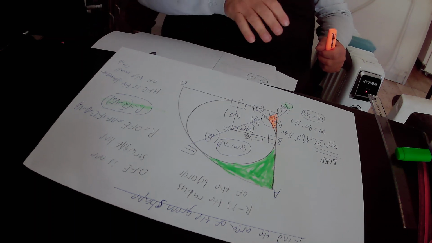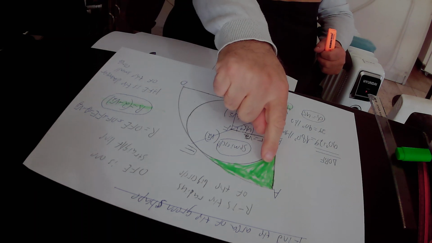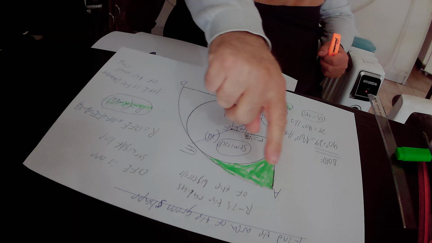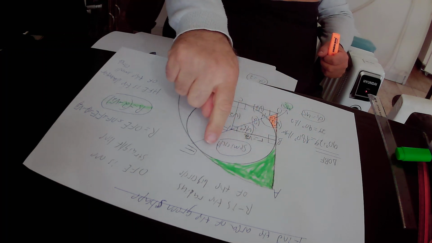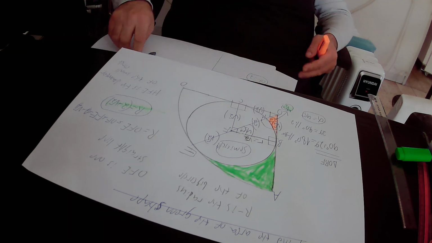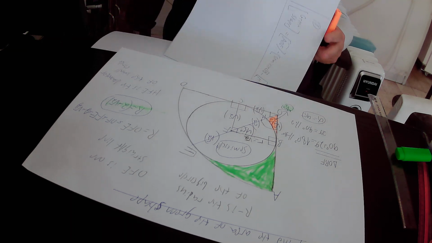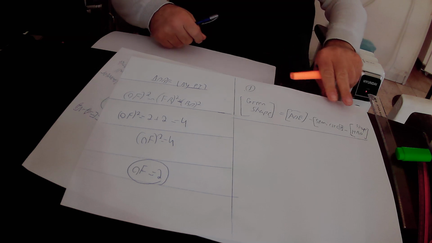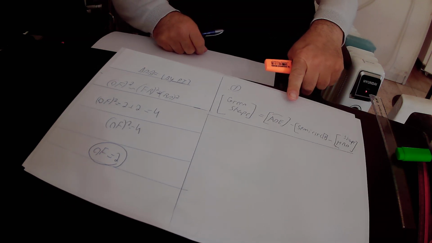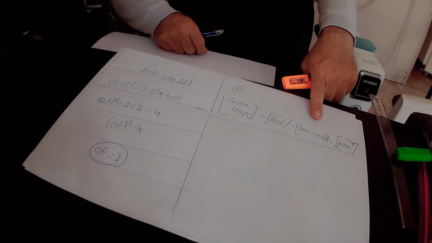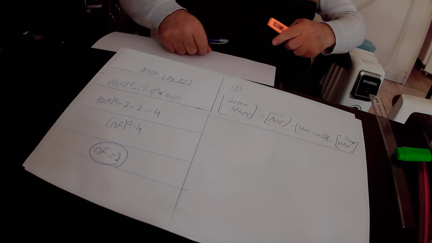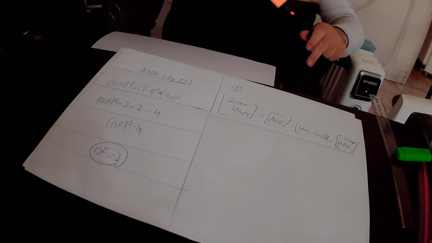From the drawing it is very easy to see that the area of this green shape equals the area of the big sector AOE minus the area of this small semicircle minus the area of the orange shape HBO.